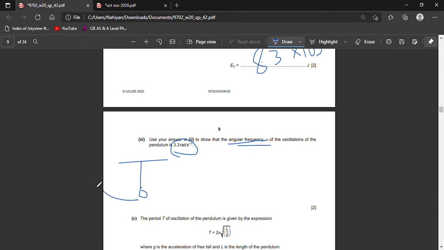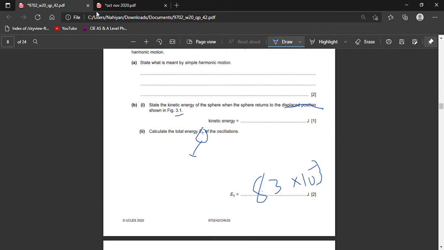It's moving from here to here and here to here. When it starts from here and comes to this point, it has a maximum velocity. That's all the kinetic energy, the maximum kinetic energy it has.